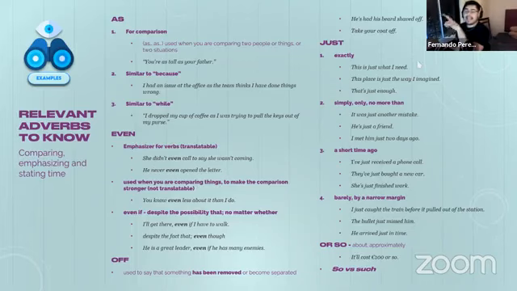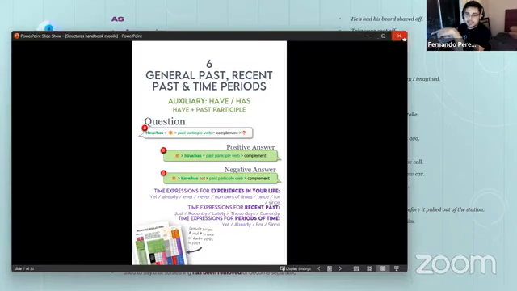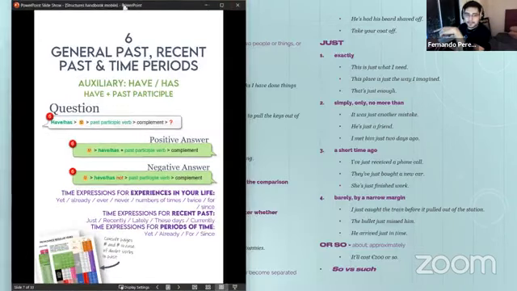Now, I want you to help me with something. I want you to read the word just and see how the word just is very closely connected with structure number 6, which is auxiliary have plus past participle.